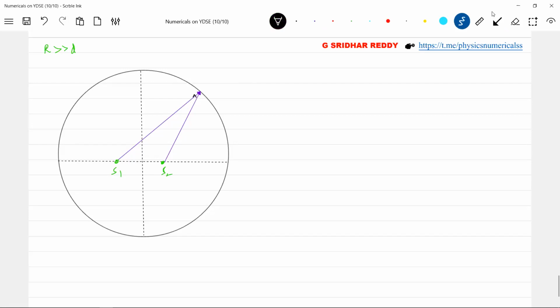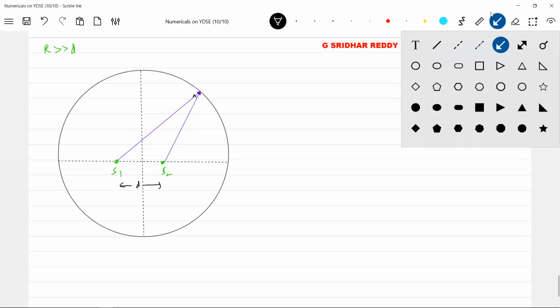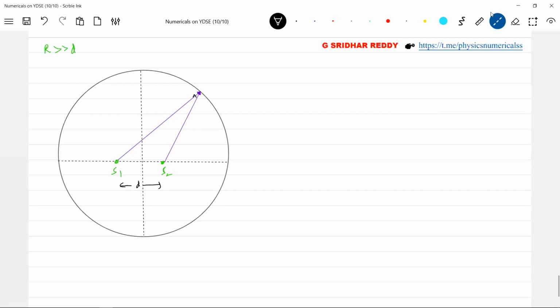Now the distance between the sources, let it be small d. What are the positions at which I can measure the maximas here? Again, R is very much greater than small d. R is the radius of the path. 2 coherent sources are kept, and they emit light of wavelength lambda.